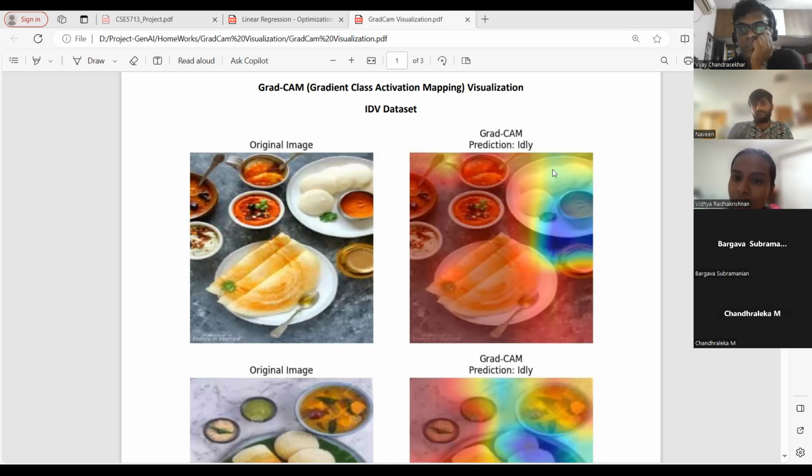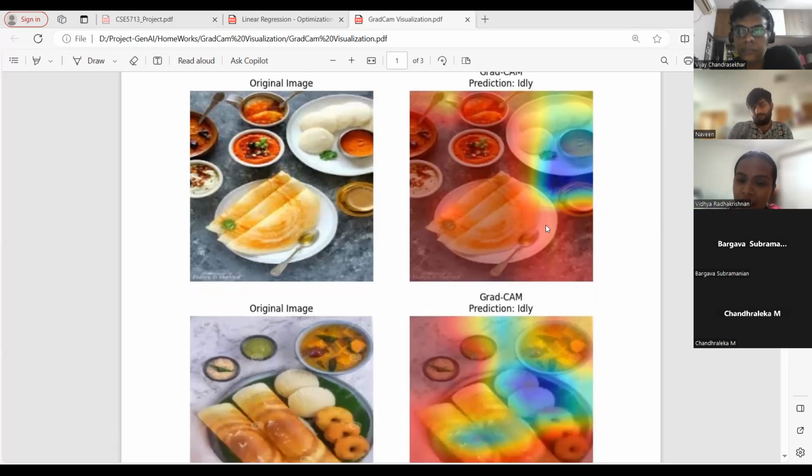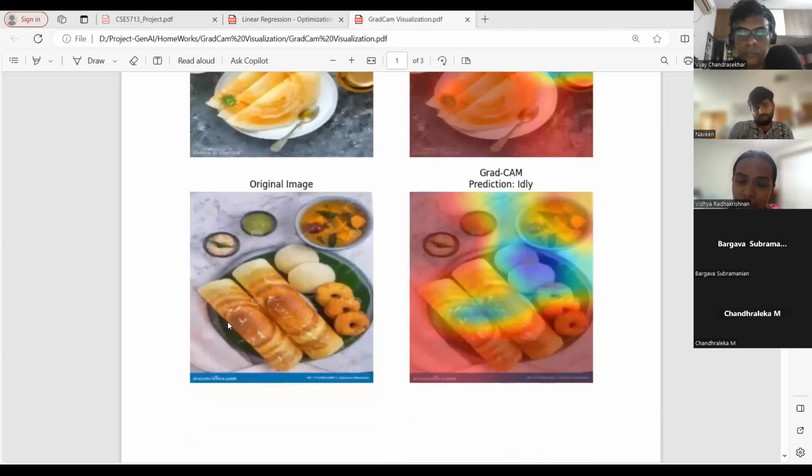That's the reason why the model has predicted that this particular image is Italy. And over here also it has predicted Italy for all these three combinations of categories, because the blue ones have high weightage.